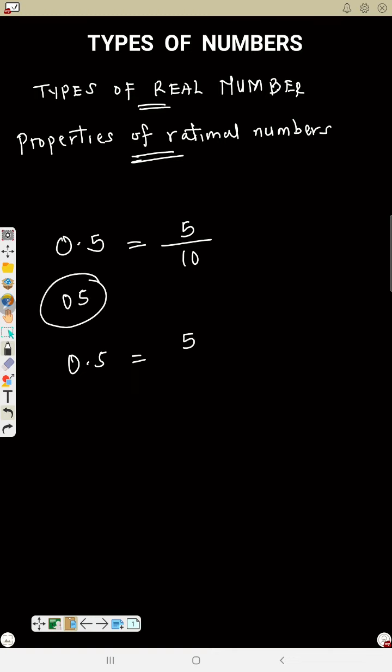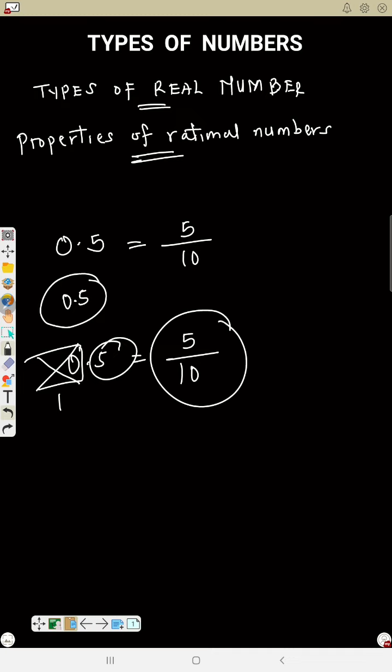Then divide by 1 followed by as many zeros as there are digits after the decimal. That means 0.5 is 5 over 10. Please watch that video, but I will emphasize the repeating decimal.